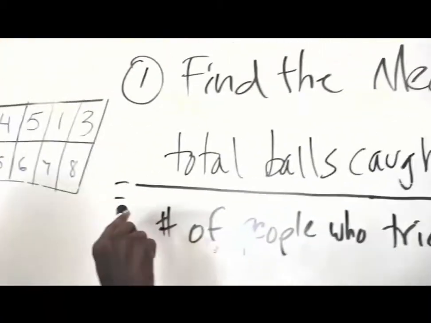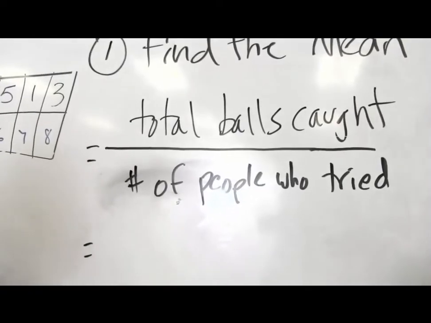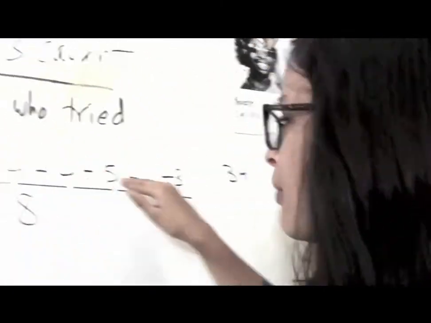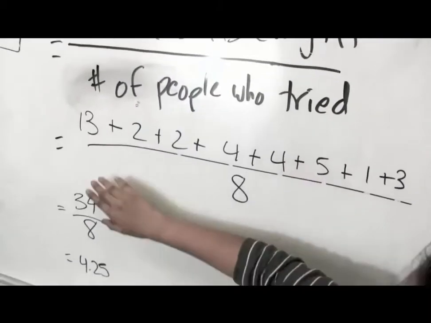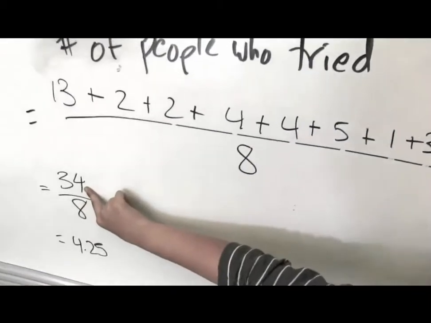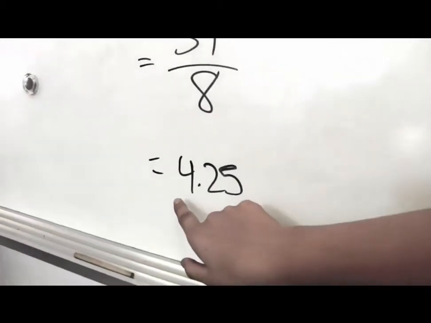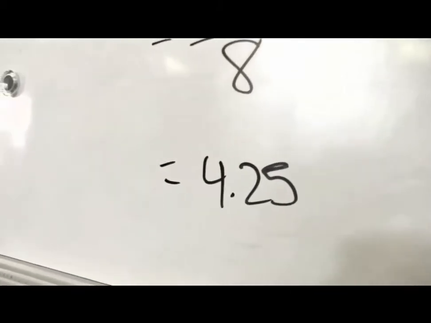We're going to divide the total balls caught by the number of people who tried. We added up all the numbers and divided by 8, which is 34 divided by 8. And the answer we got was 4.25, or 4 and 2,500.